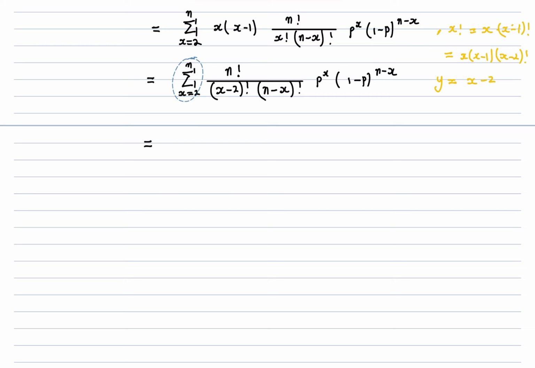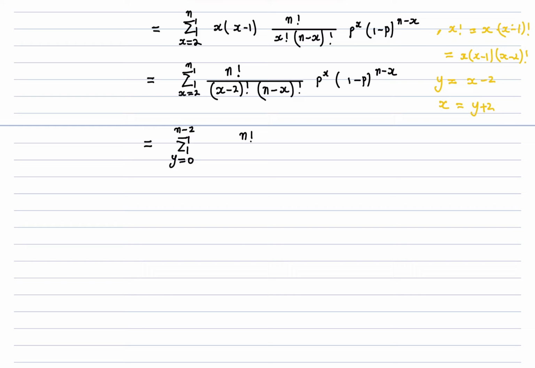So if we're going from X equals 2, and also rewriting this as the fact that we can write X is equal to Y plus 2. So when X equals 2, Y is equal to 0, and when X equals n, Y is equal to n minus 2. So our terminals here become Y equals 0 to n minus 2.